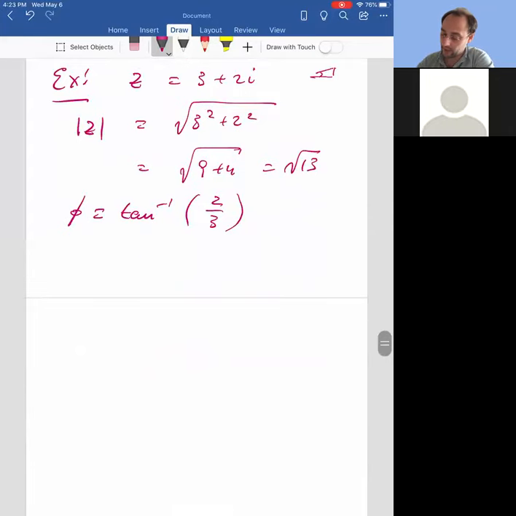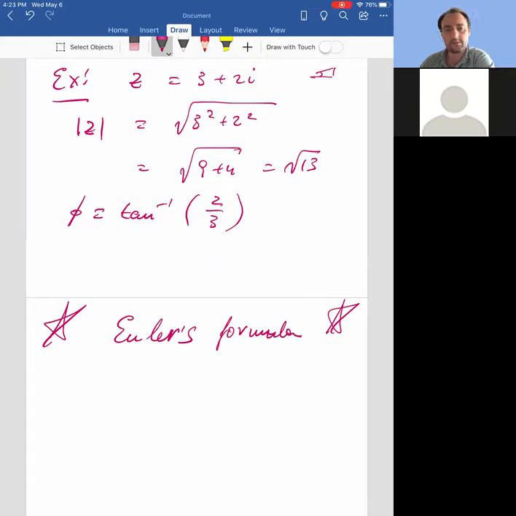Now here's the big brouhaha. It's called Euler's formula. I think it's called Euler's formula. Let me double check. Yes, it is called Euler's formula.